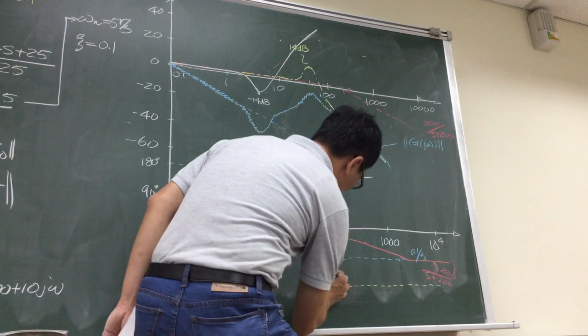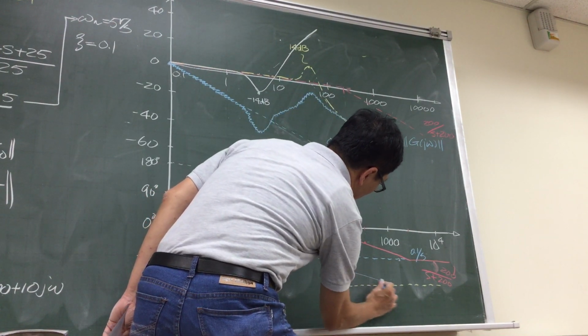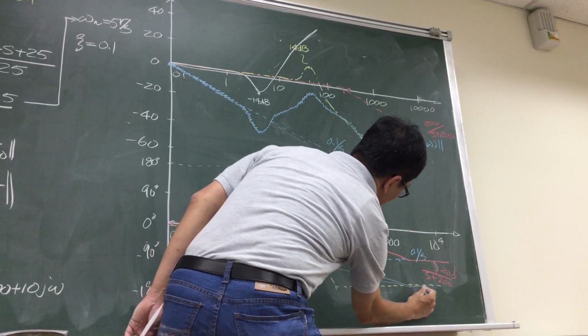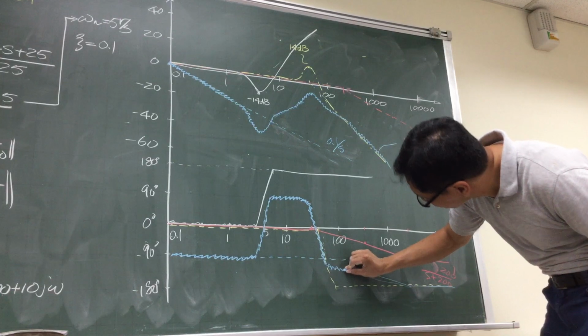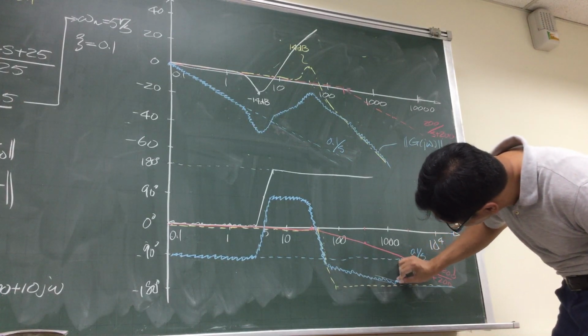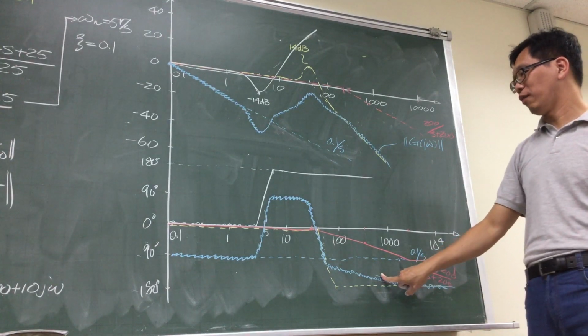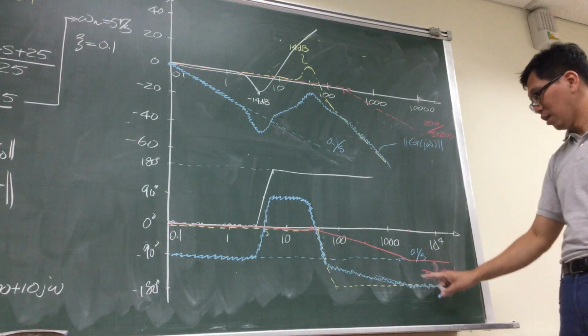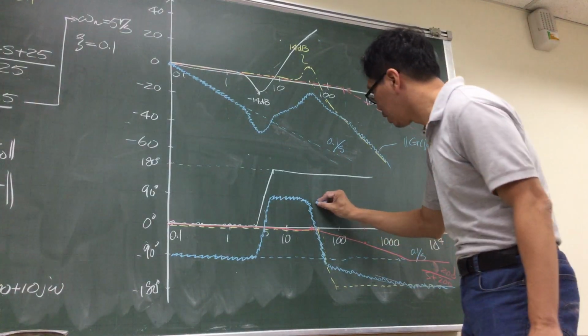Then it will be moving toward here, the -180. And this is going to be the phase of the G(j omega) plot.